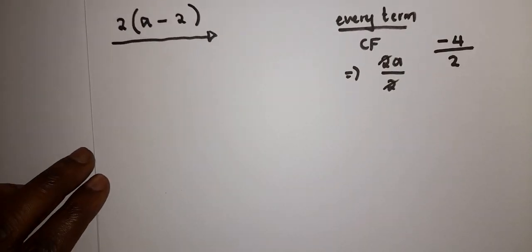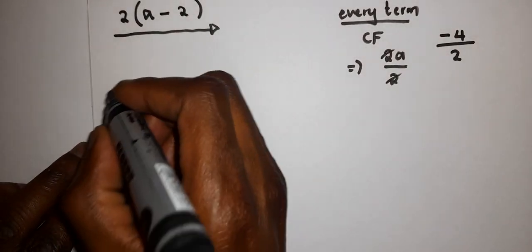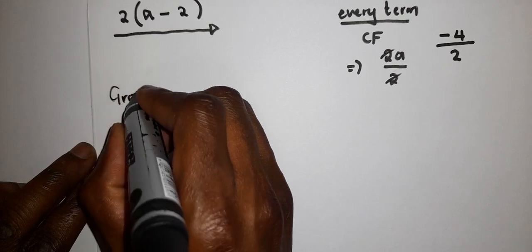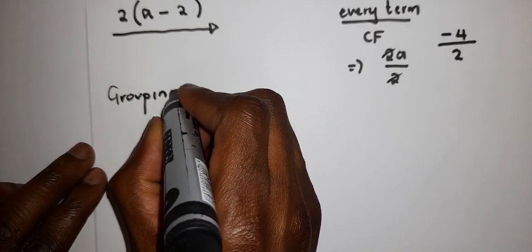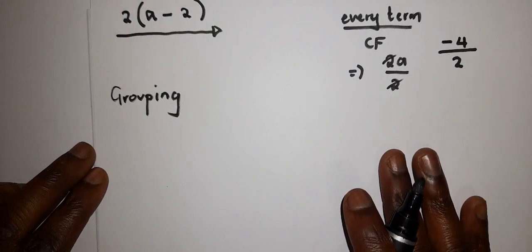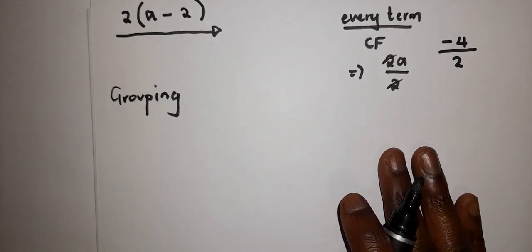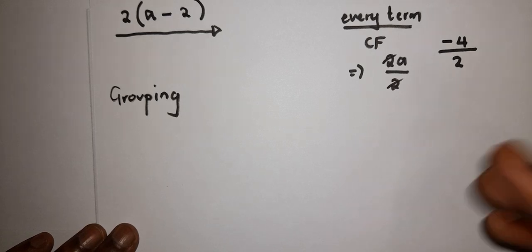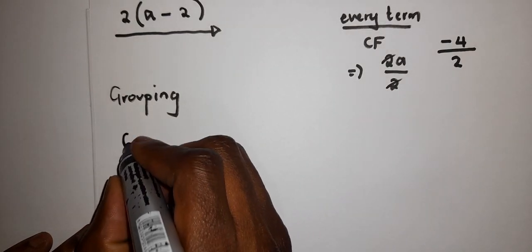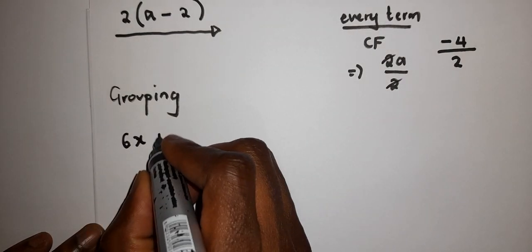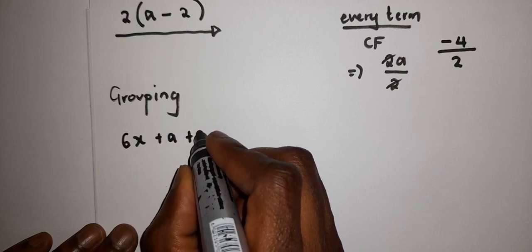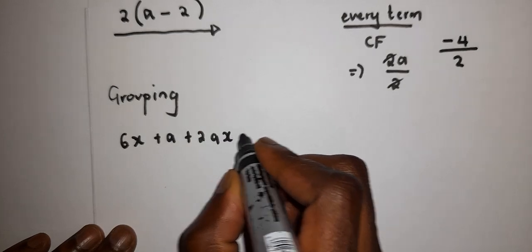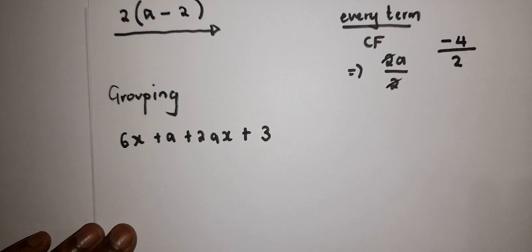Let's look at the second one, factorization by grouping. So if you are given an expression, the first tool fails, which is a common factor, and then you can check if maybe you can group your terms. Suppose you are given 6x plus a plus 2ax plus 3.